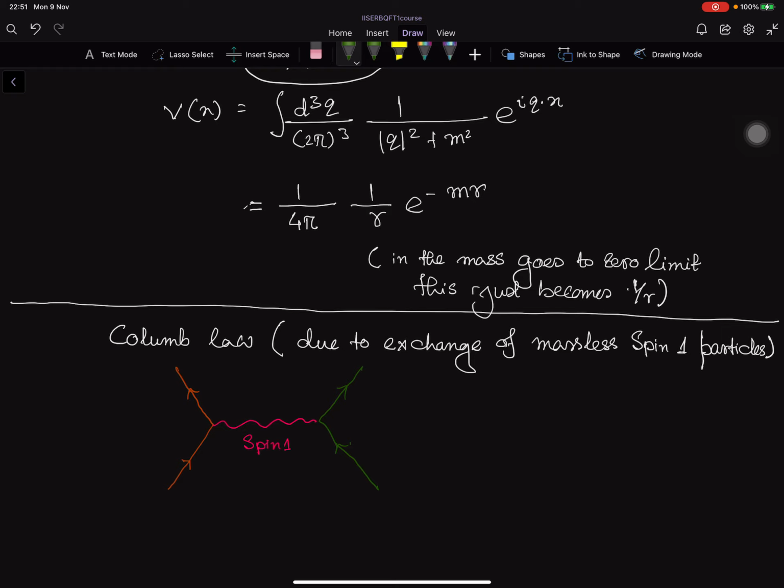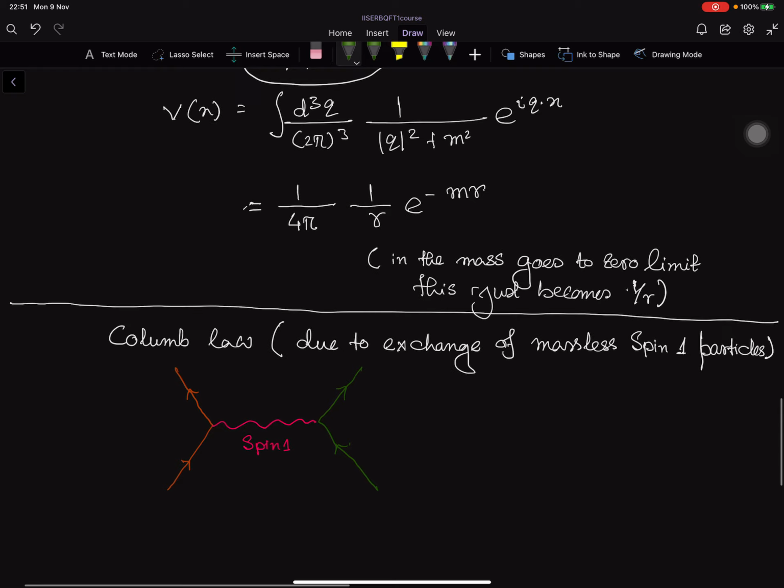Okay, this scattering amplitude is easily computable, and we have done it. This is my particle phi, this is my particle psi, so this just becomes e_phi e_psi.